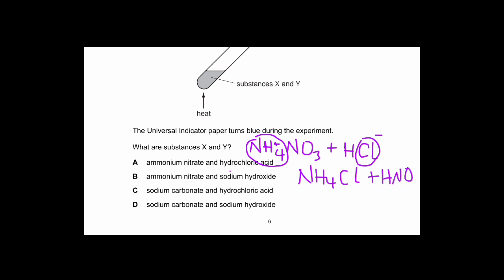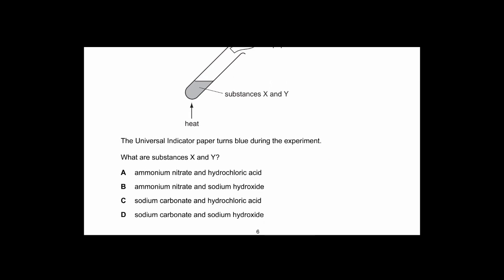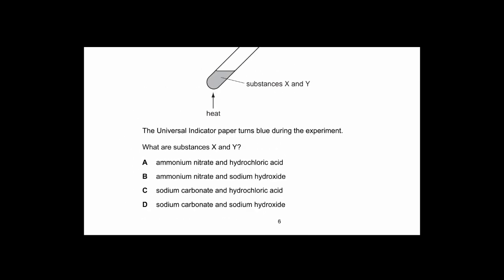Now, this nitric acid will be in aqueous state. Even if we can have some vapors moving upward, we are not going to have the blue color change on the paper indicator. It's not possible. So A is not a correct answer.